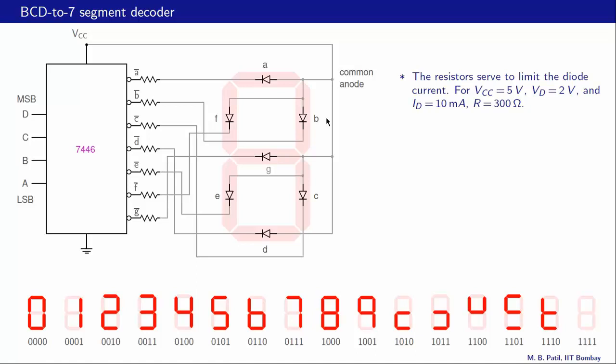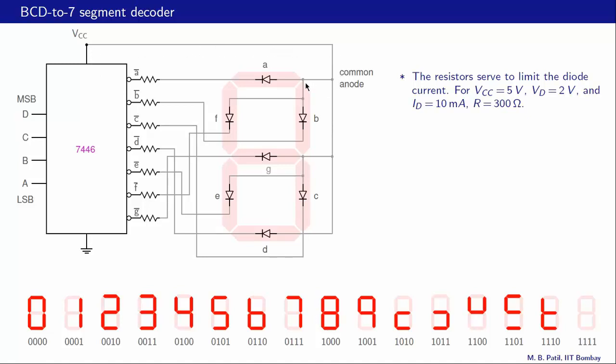It could be 2 volts or 3 volts depending on the color. Let's say this is 2 volts. So we must provide a voltage drop of 2 volts here, and that is done by making this B bar low, say 0 volts. So the current path now is like this. We have 5 volts here.